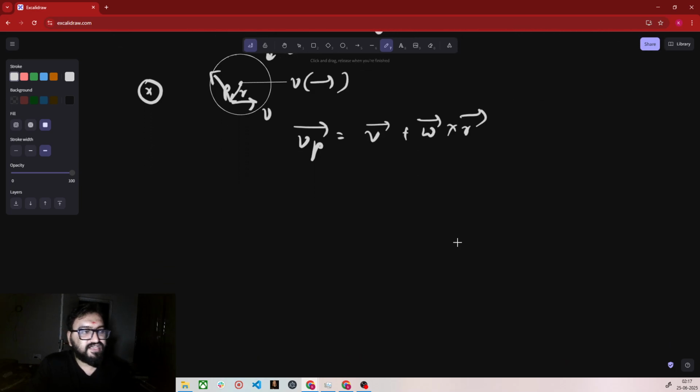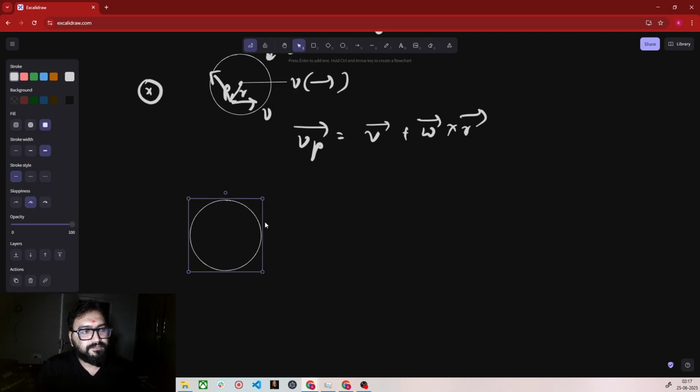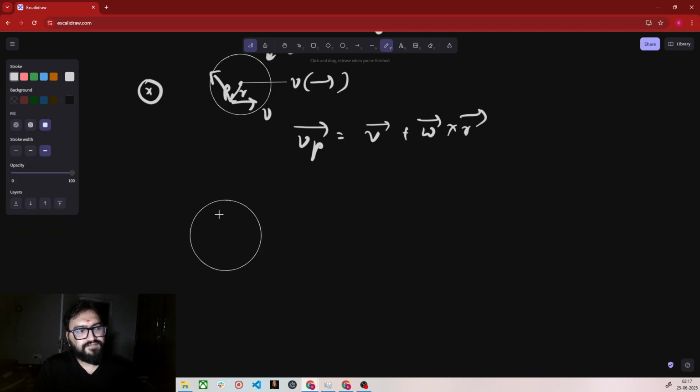Since I'm considering that this cylinder is rolling, let us talk about the point of contact of this cylinder, or the disc, or whatever the rotating rolling body is, with the ground. So this is the point of contact, right? Its velocity can be nonzero, or it can be equal to 0.